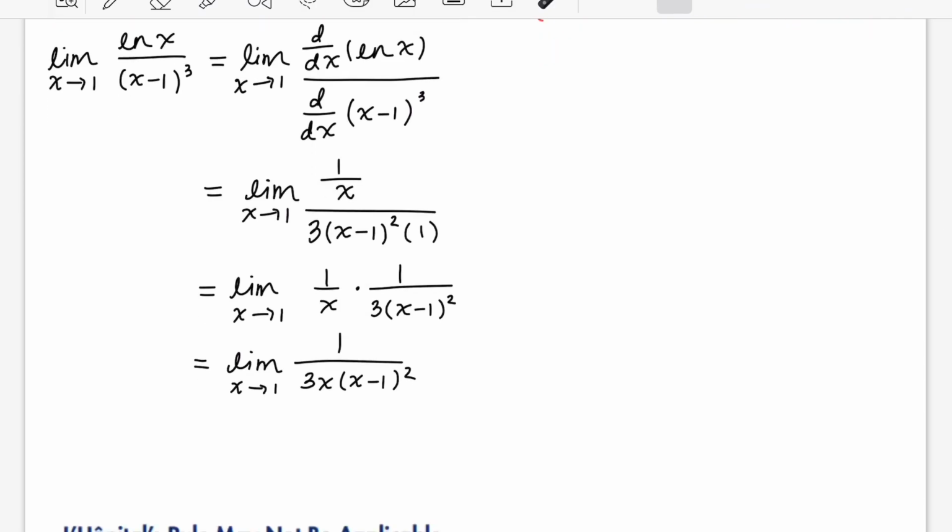As x gets closer and closer to 1, this gets closer and closer to 0, and our denominator as a whole gets smaller and smaller, which makes this whole fraction bigger and bigger. We saw in section 2.1 that when we have a constant in the numerator and the denominator is getting smaller and smaller, this gets bigger and bigger. So our limit as x approaches 1 is going to be equal to infinity.